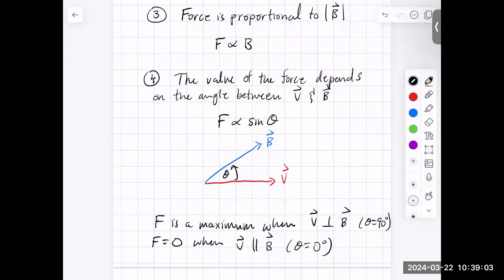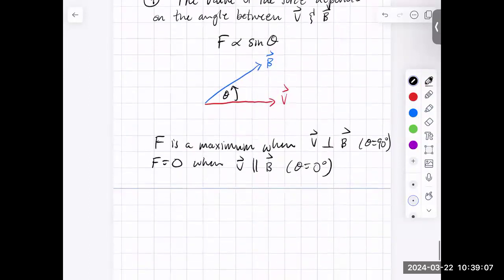Okay, so if we combine all of these observations, then we would say, look, the magnitude of the force is, well, what did we say? It is proportional to Q. It's proportional to V. It's proportional to B. And it's proportional to the sine of the angle.